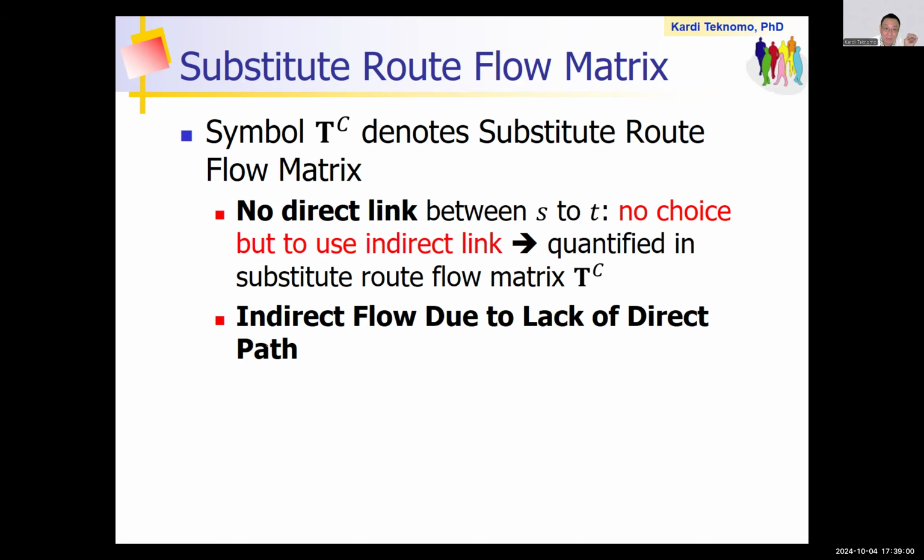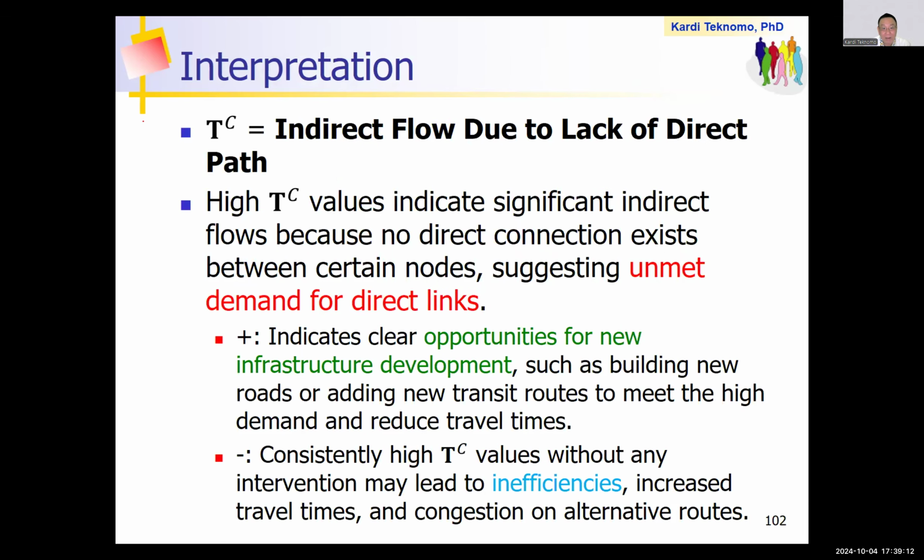So when we say TC here, in short, we can say indirect flow due to lack of direct path. So in this case, you want to have a high value of TC. A high value of TC indicates significant indirect flow because no direct connection exists between the two nodes.